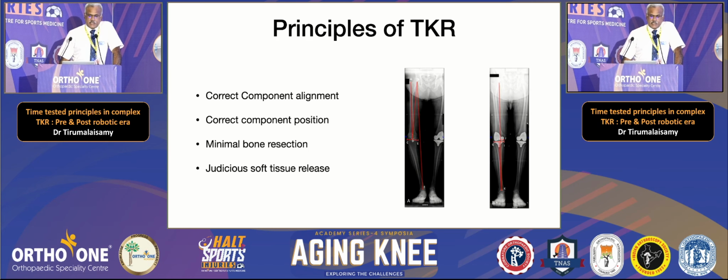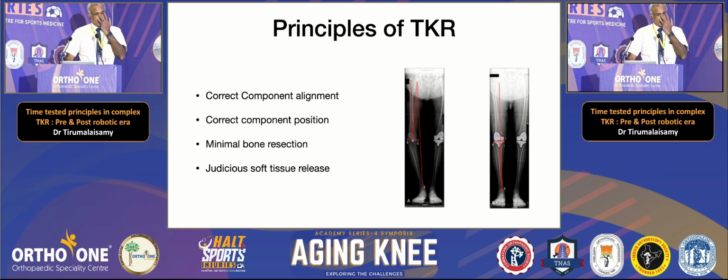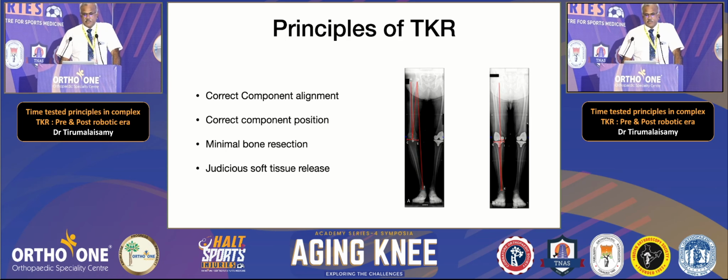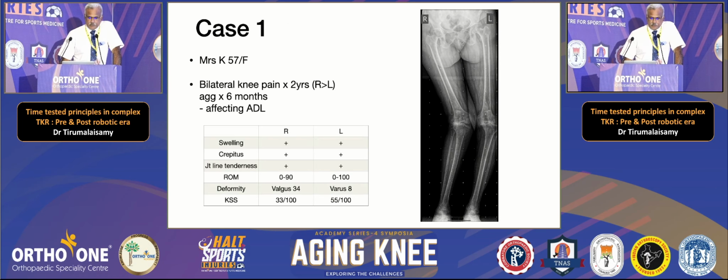But there are certain indications which are really helpful. If you have a robo, we can utilize that. The basic principles are correct component alignment, position and minimal bone resection, judicious soft tissue release and balancing of the knee, which is vital for any kind of knee replacement, particularly for the complex primaries.